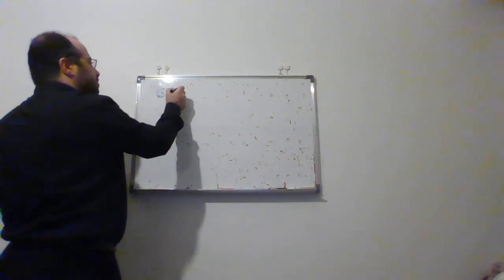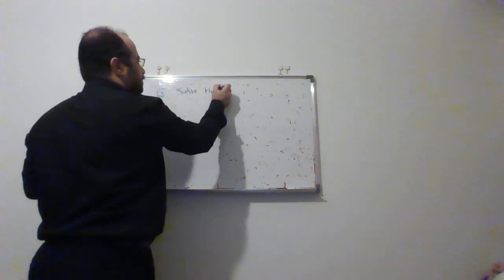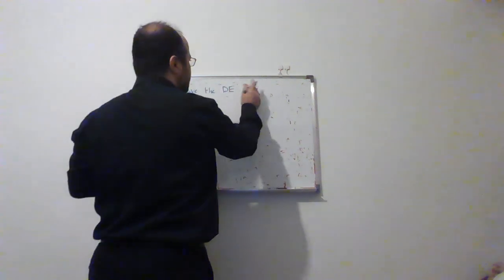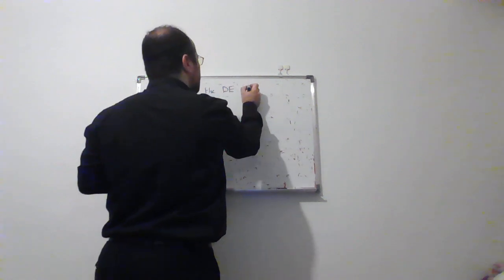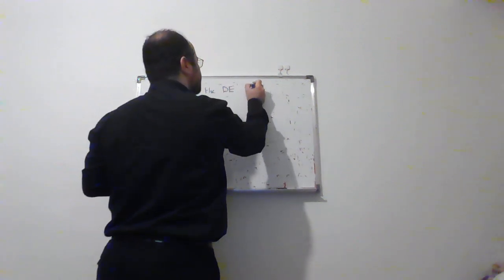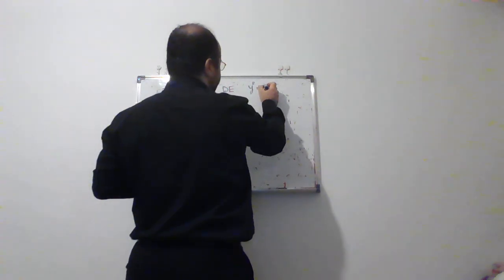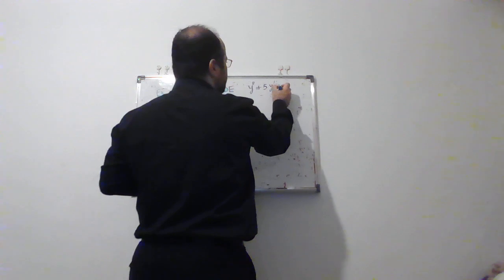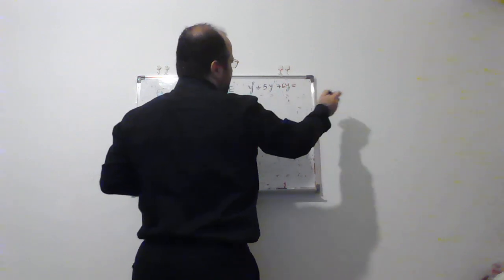What is this example? It says solve the differential equation. What is the differential equation now? It is y double prime plus 5y prime plus 6y equals, what is the right hand side?